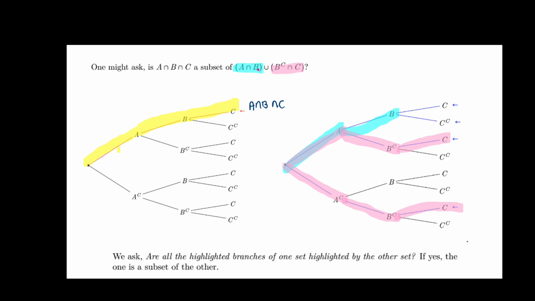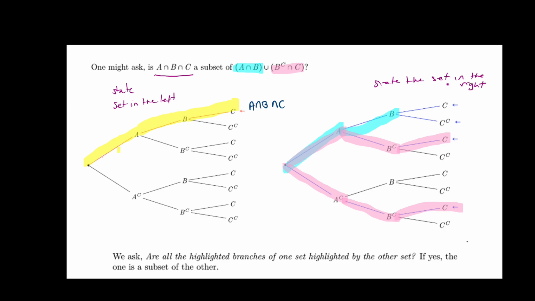Try to find who is the set on the left, and then in the tree. So here we're going to state the set on the left, and here we're going to state the set on the right.